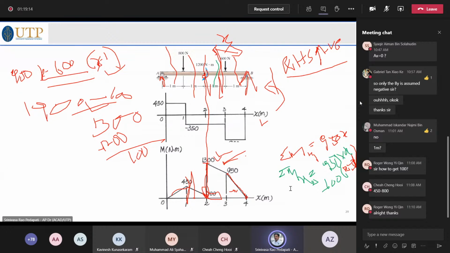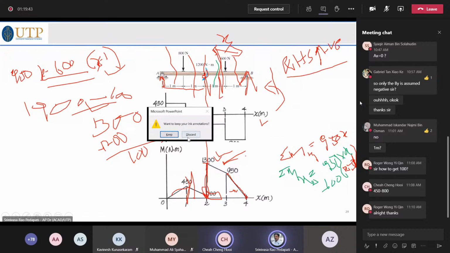Is it clear, Mr. Che? 450 times 2, you forgot to add the distance of 2 meters. 450 minus 800 is not the moment. You forgot 450 times 2 meters. That is why you got a different answer.